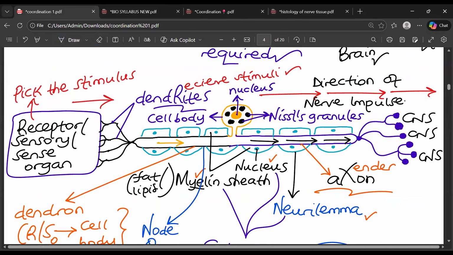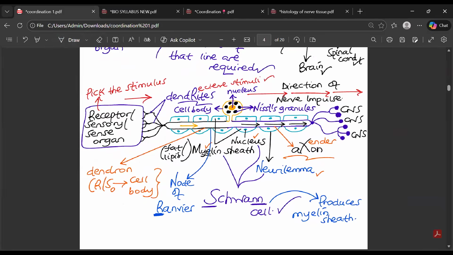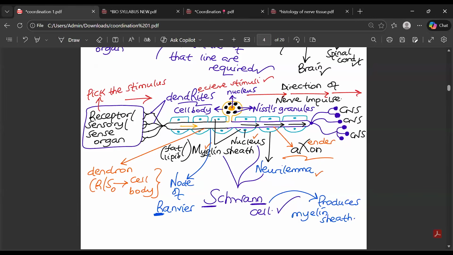So that is the structure of the sensory neuron. Before that, maybe we can even watch the video about it. And I want us to watch the videos at once, even those of the motor. Because concerning the motor, there is actually nothing much.